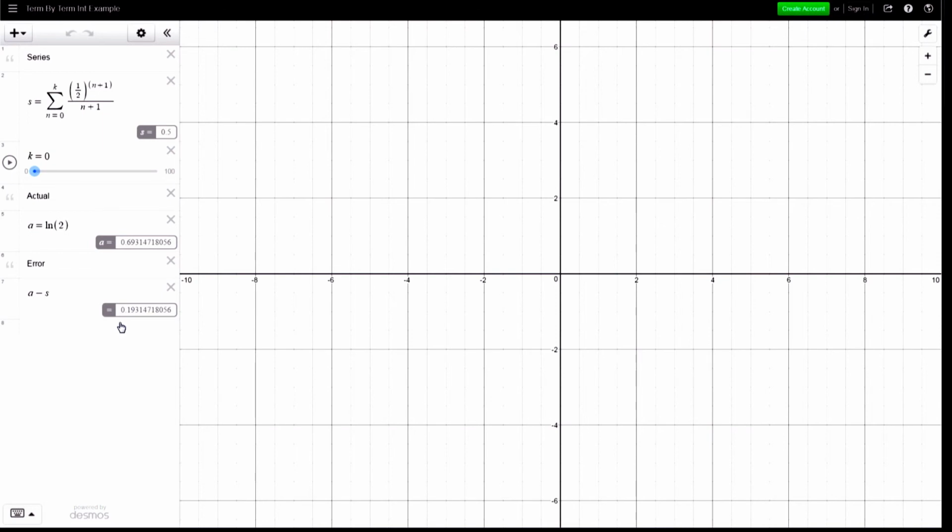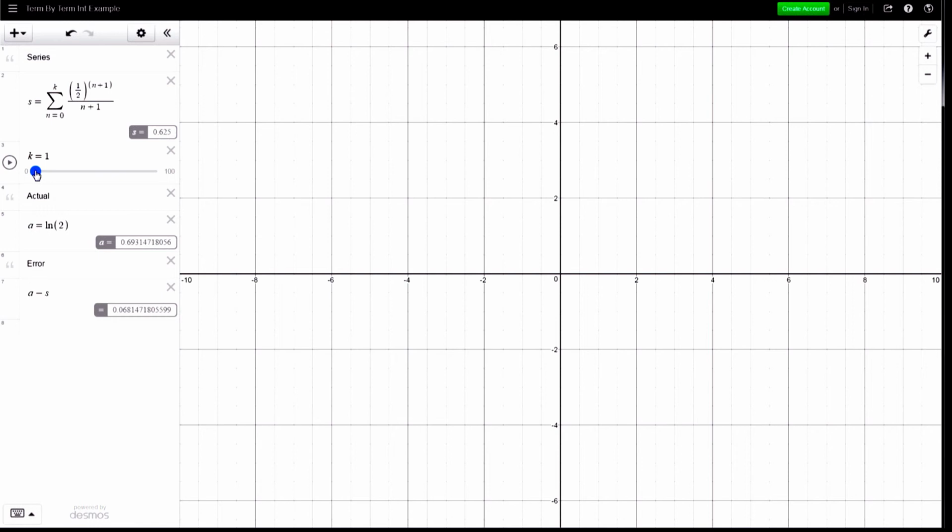We're off already at the first decimal place, right? So now let's move this up to 1. Now we're adding up those first two terms, because we're going from n equals 0 to n equals 1. So that's 1/2 plus 1/2 squared over 2. And now we're a little bit better, 0.625 versus 0.69 something. And now our error is getting a little smaller.